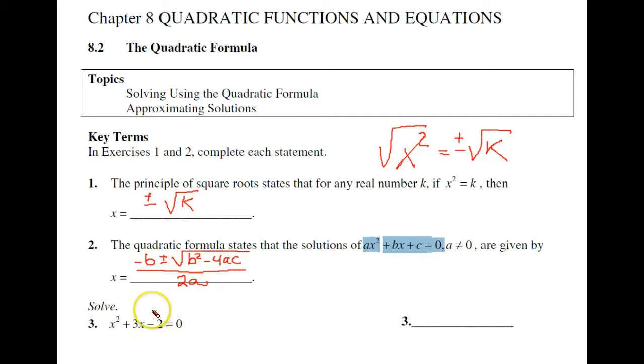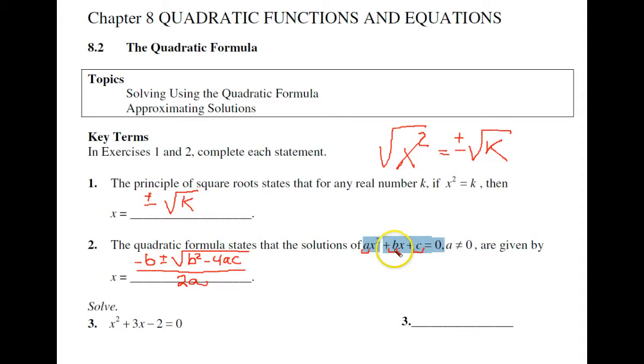Now, to use the quadratic formula in any example, we're going to need to know what is b, what is a, it's used in two places, and what is c. Notice, this is going to be our a, this is going to be our b, and this is going to be our c when it's in standard form.